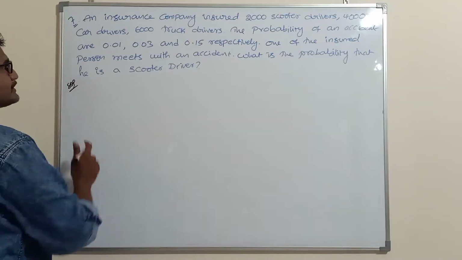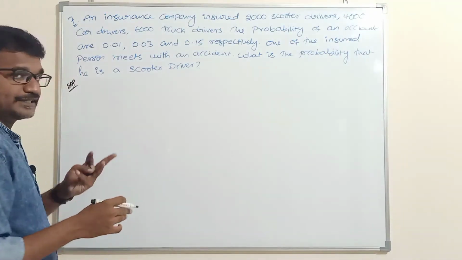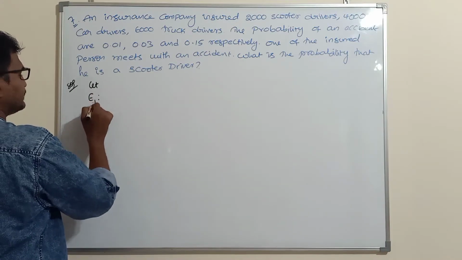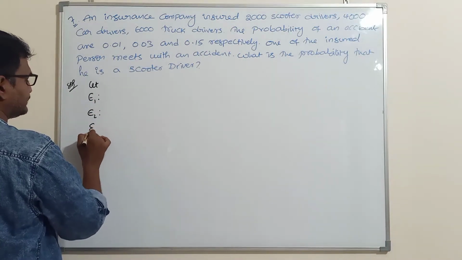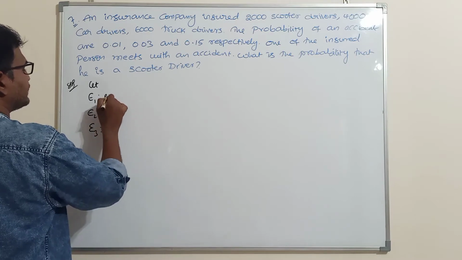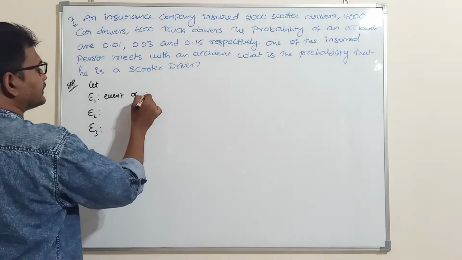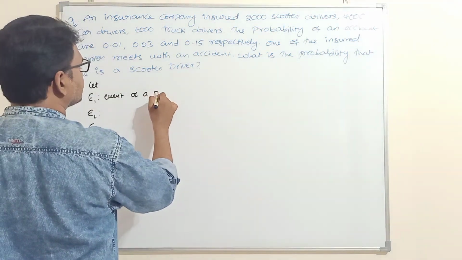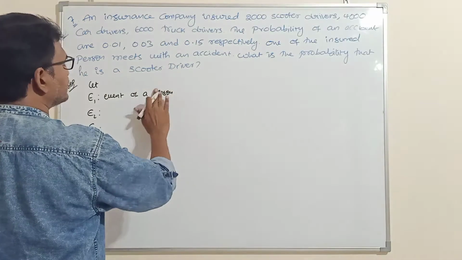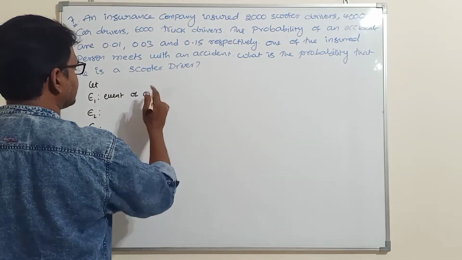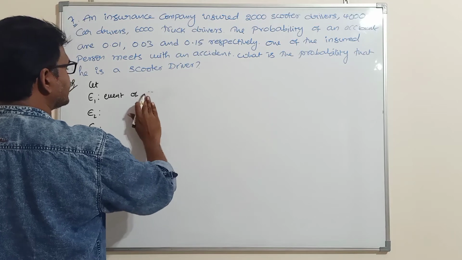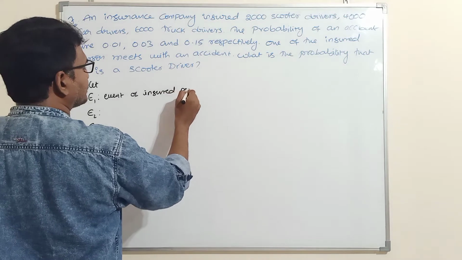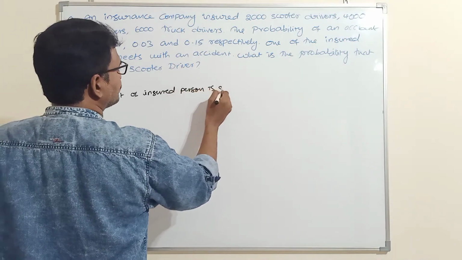Here how many types of drivers are there? 3 types of drivers are there. So that's why I am taking 3 events. Let E1, E2, E3 denote the events of an insured person: E1, the insured person is a scooter driver.